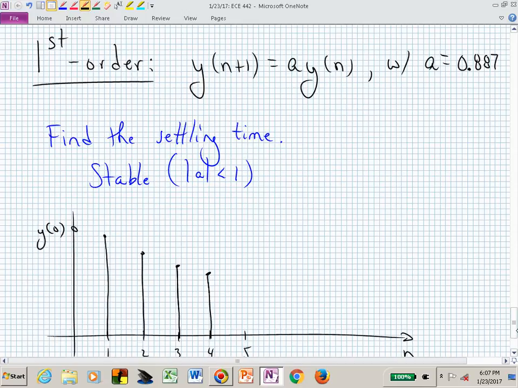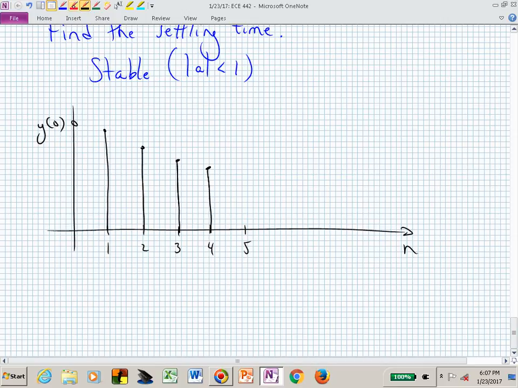But eventually what we want is to determine when we get inside this 1% tube. So this is representing 1% of y of 0, or this one is 0.01 y of 0. This one is minus 0.01 y of 0. We know we're not going to go there because we don't have any oscillation.